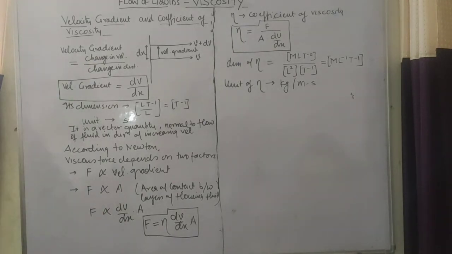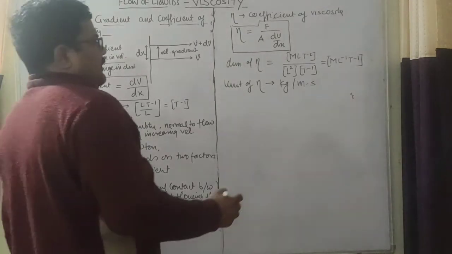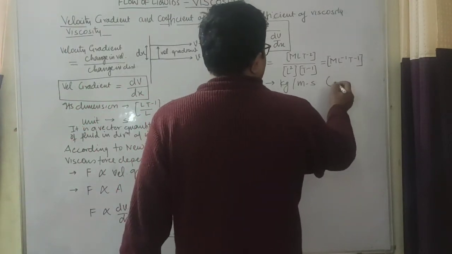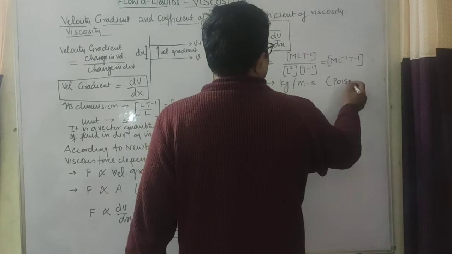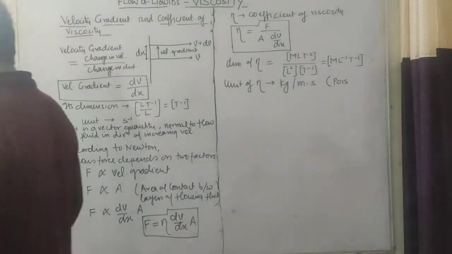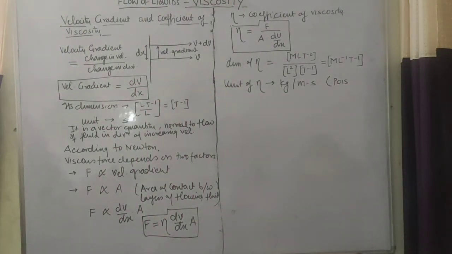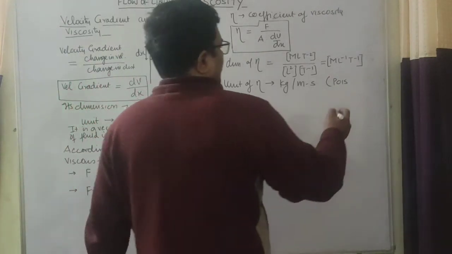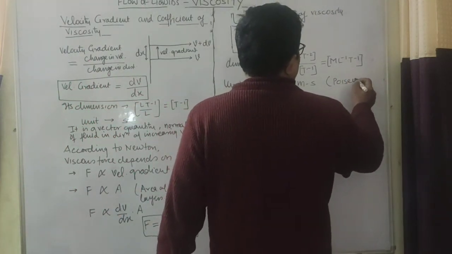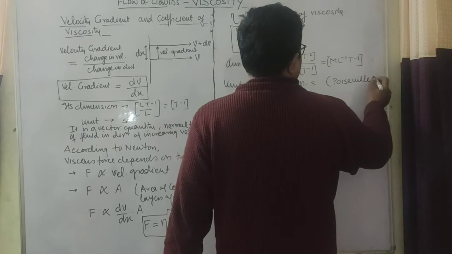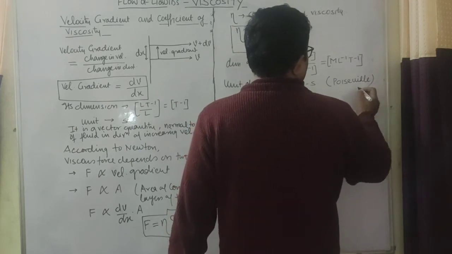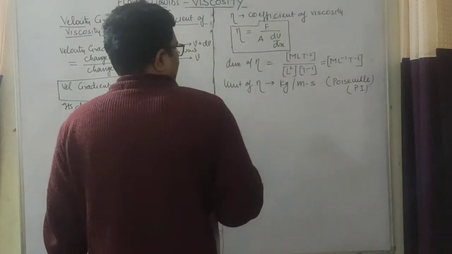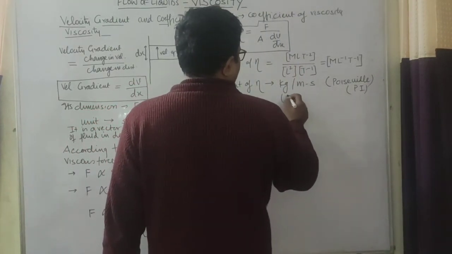It is also termed as poise or Poiseuille. Poiseuille is denoted by Pl. So in short, it is also given as poise.